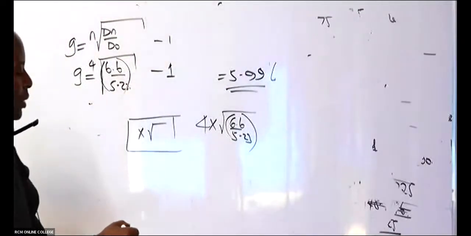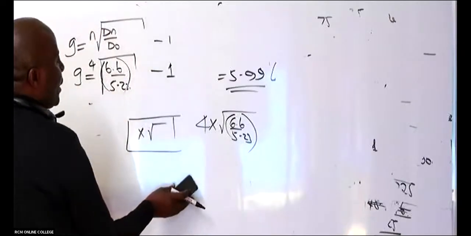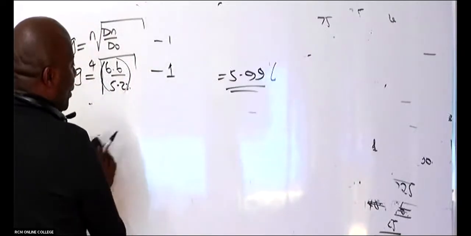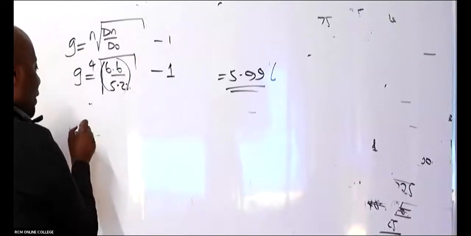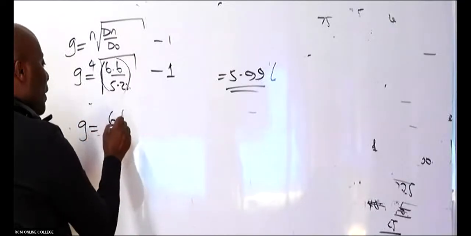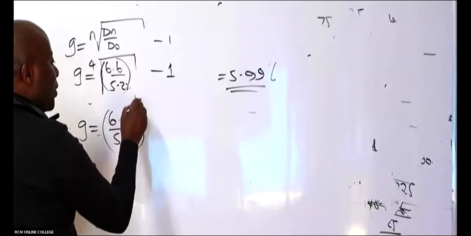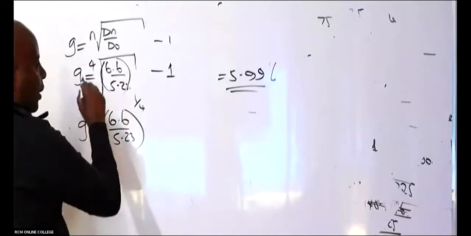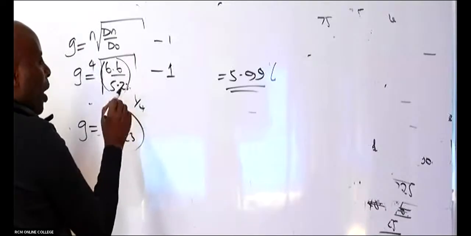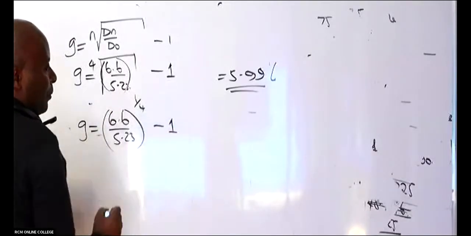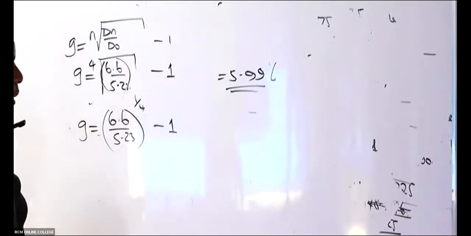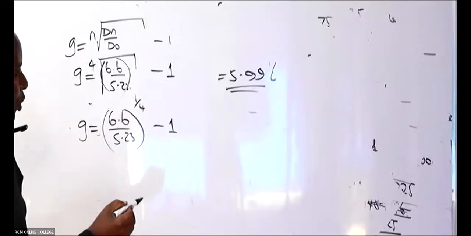And of course, there are those students who can never see this x root. I know them. If you can't see the x root, this is the same as saying 6.6 divided by 5.23 raised to a quarter, minus 1. The fourth root is the same as raised to a quarter. For some people, raising is easier.